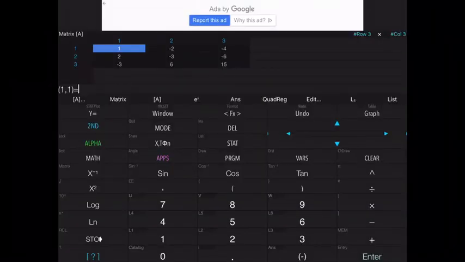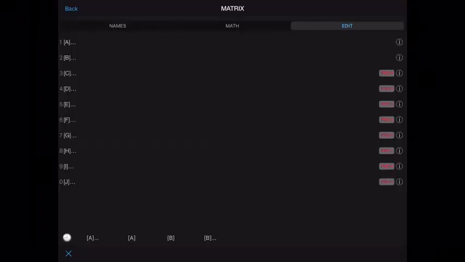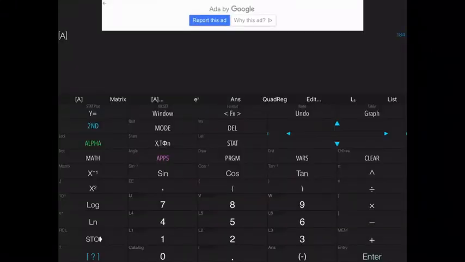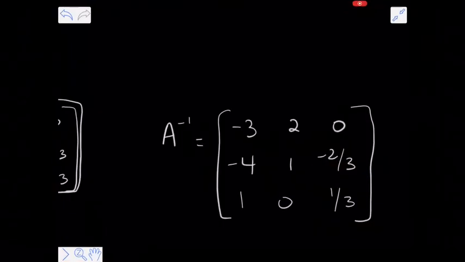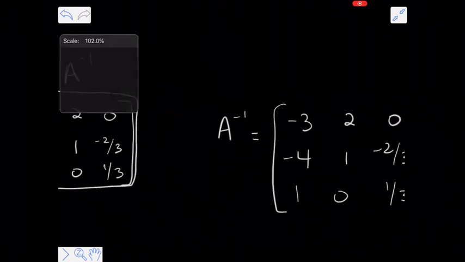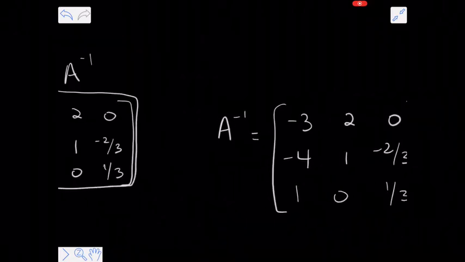So I've typed in matrix A right here. And if I take matrix A and input a command A inverse, pops out in a fraction of a second, the inverse. So anything bigger than a 2 by 2 is meant to be done by technology. But now you can say you know how to do it by hand, which is super cool.